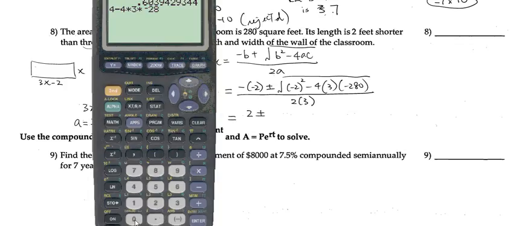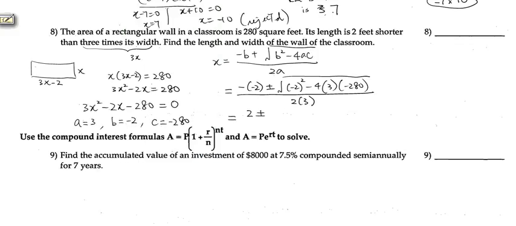Hit enter. That turned out to be 3364. So we have a radical 3364 over 6. What would be the radical 3364?